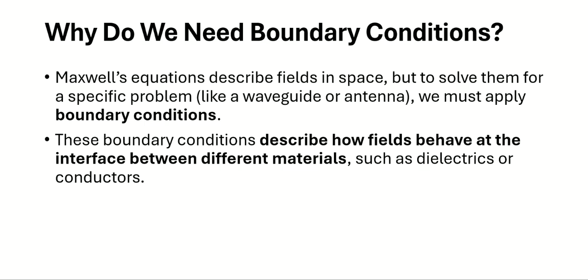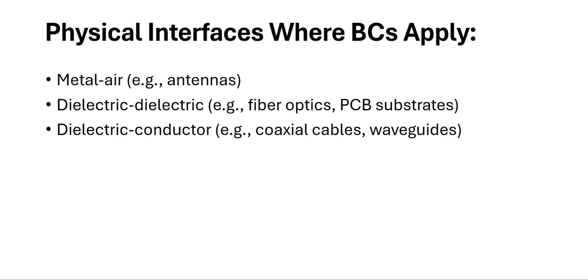Or for a capacitor, you have the dielectric and the capacitor itself, the copper sheet or whatever material makes the sheet of the capacitor. It could also be between dielectrics or conductors, so between the dielectric and the conductor itself. So these are physical interfaces where boundary conditions apply.